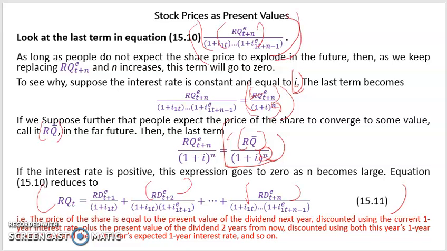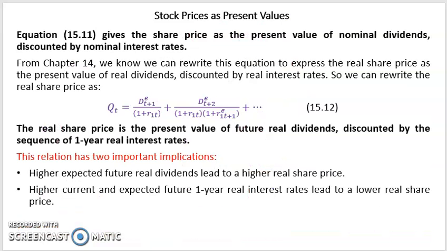So the price of the share is equal to the present value of the dividend next year discounted using the current 1-year interest rate, plus the present value of the dividend 2 years from now discounted using both this year's 1-year interest rate and next year's expected 1-year interest rate, and so on. So equation 15.11 gives us the share price as the present value of a nominal dividend discounted by nominal interest rate.